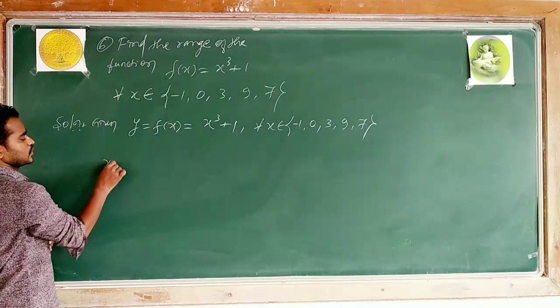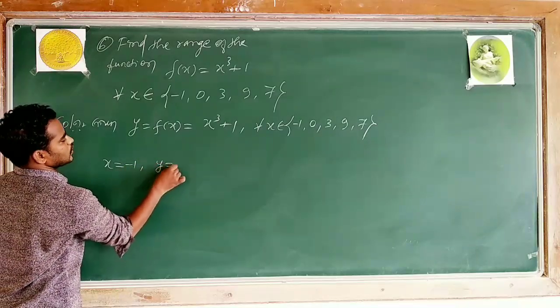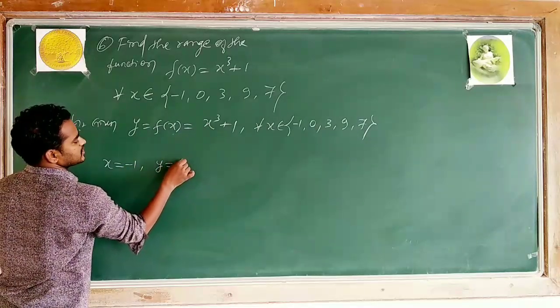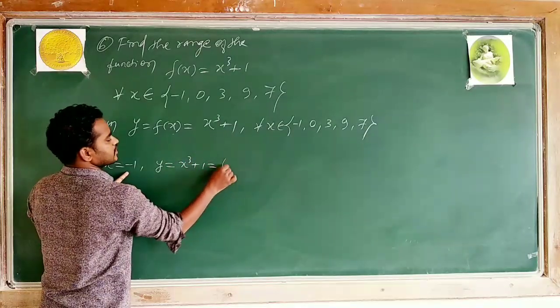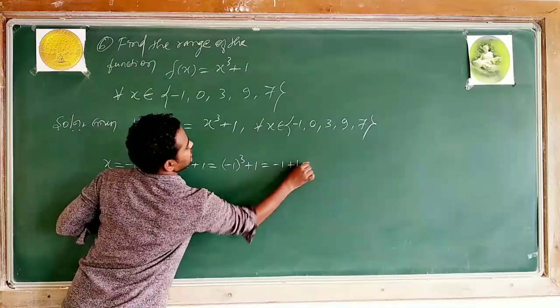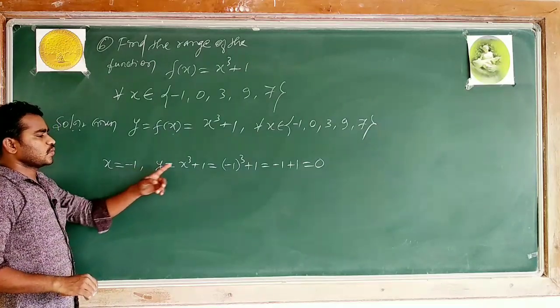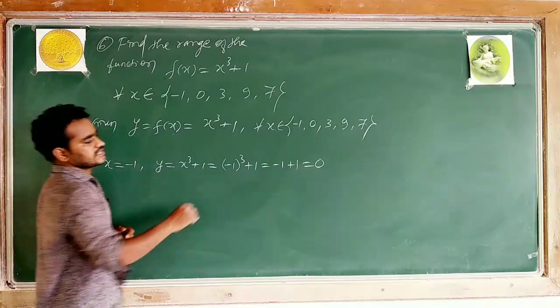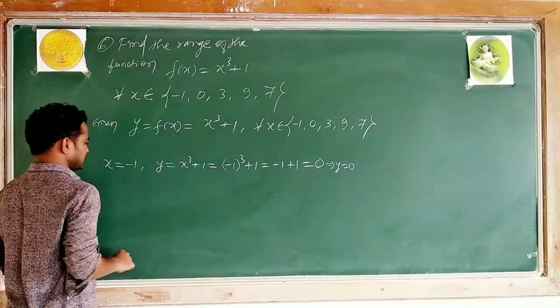I will write x is equal to first value, minus 1. What is the y? Y is equal to f of x, means x cube plus 1. What is the x here? X is equal to minus 1. Minus 1 cube plus 1 is minus 1 plus 1. Is it 0? Yes. When x is equal to minus 1, y is equal to 0.